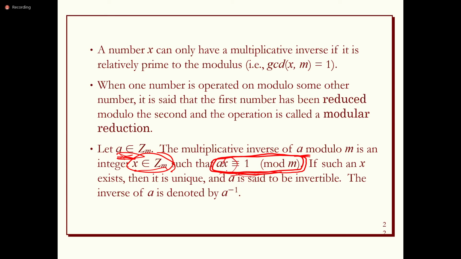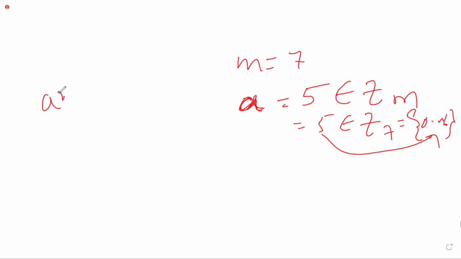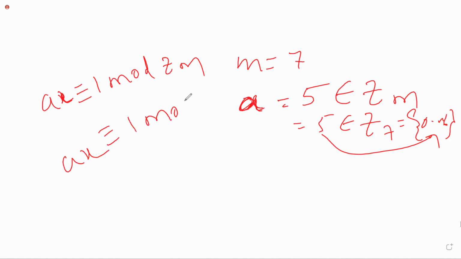We have to find that x. Ax is congruent to 1 mod 7, and A is 5, so 5x is congruent to 1 mod 7.